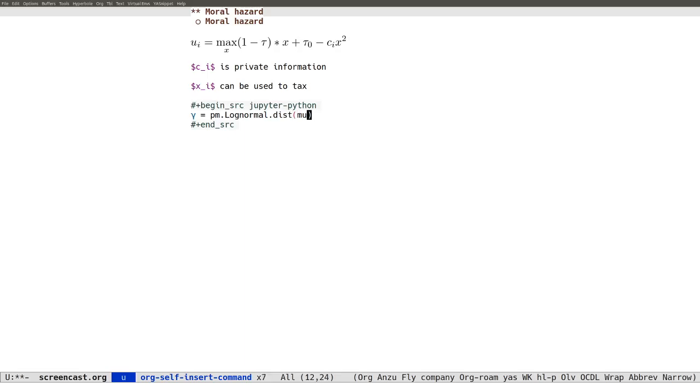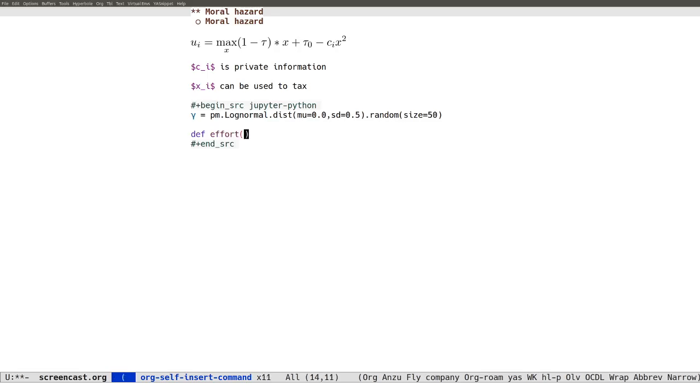We're going to draw agents from a log normal distribution with a mu equal to 0 and a standard deviation equal to 0.5. We can have random draws, and the size will be 50, so we're going to draw 50 agents in this economy.